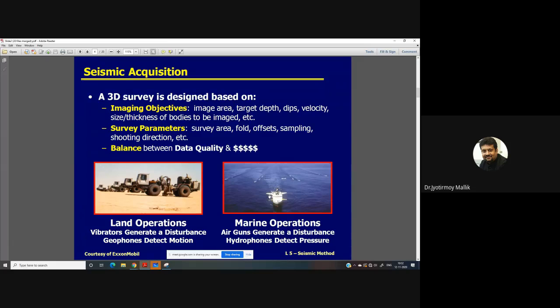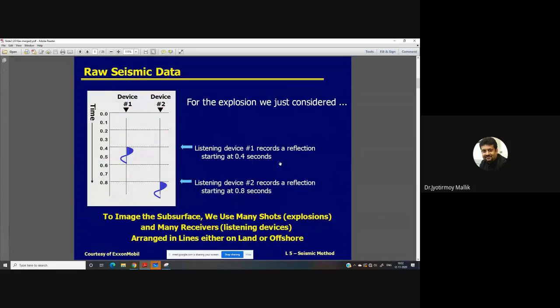That also creates some sort of acoustic disturbance in the water itself, and it pounds on the ground and creates energy. That energy penetrates through the subsurface, and then it is listened to by these chains of hydrophones.